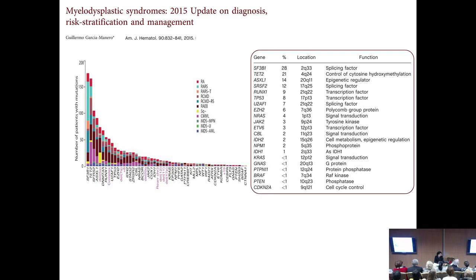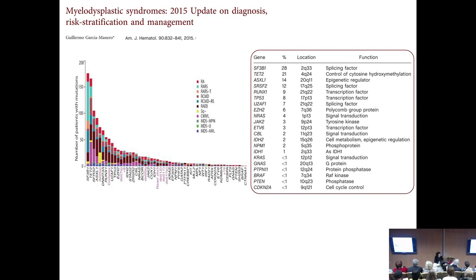So the azacitidine therapy seems to be more or less related to a pathophysiological feature. For example, IDH1 and IDH2, or DNMT3, a DNA methyltransferase, which is also mutated.